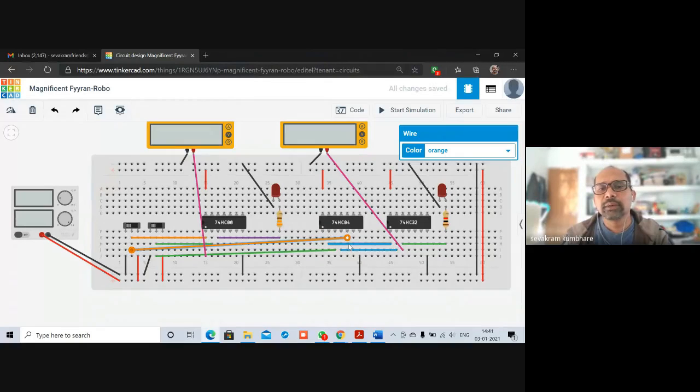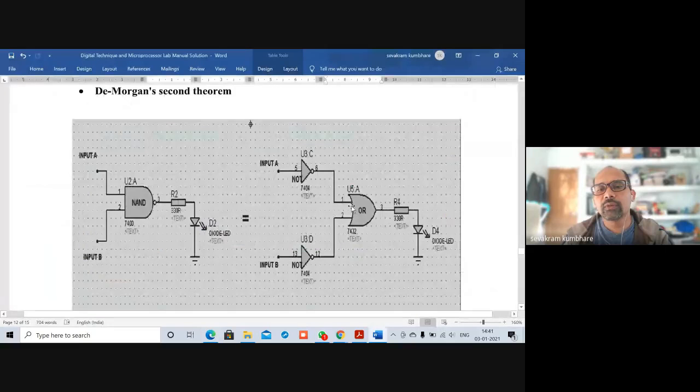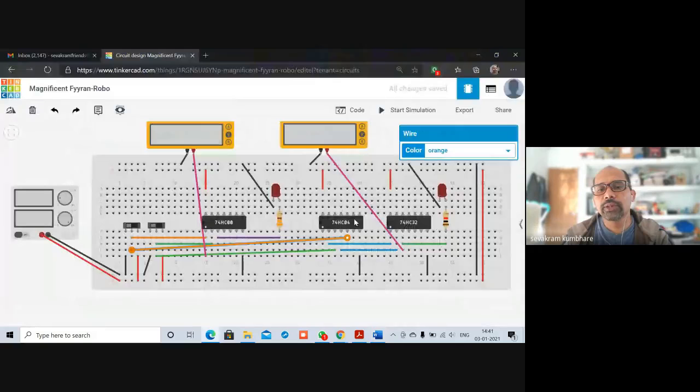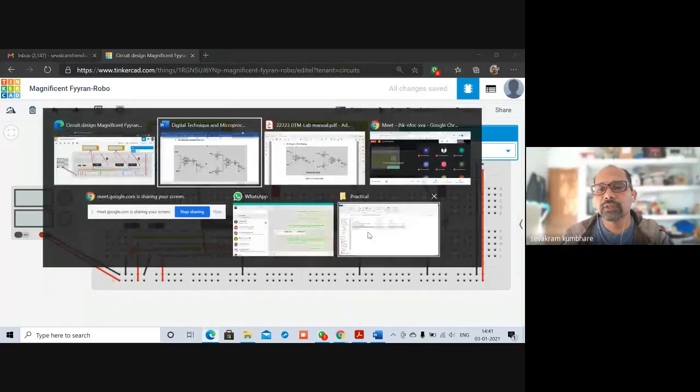Next, this pin number 6 is connected to pin number 1 of 7432. So this we are going to connect pin number 6. Like this also we can connect pin number 6.